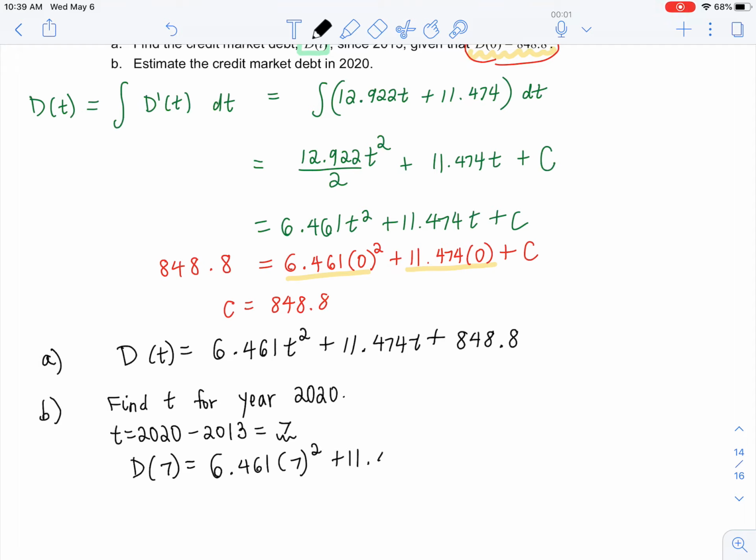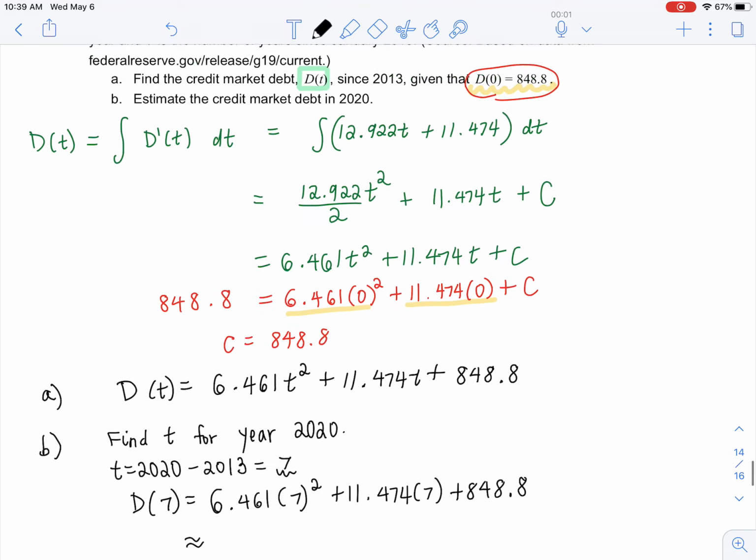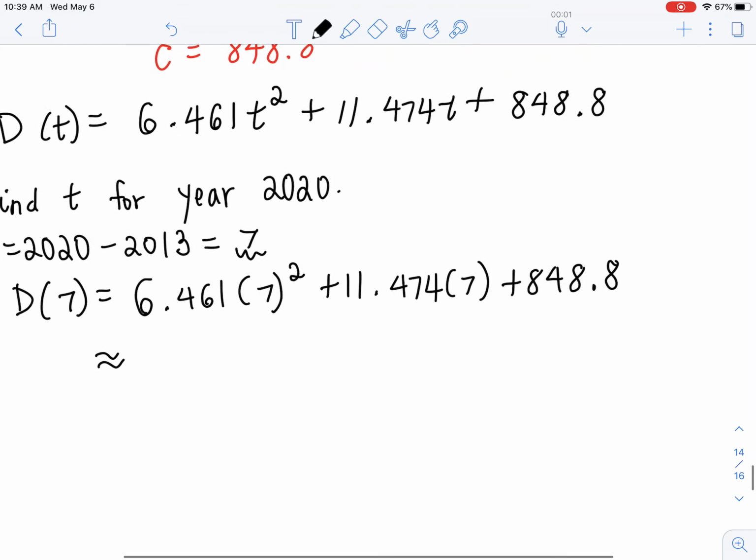6.461 times 7 squared plus 11.474 times 7 plus 848.8. That's going to be approximately, what's that? Let me type this in my calculator on my cell phone. This isn't going to be too complicated, but we'll talk about how to write our answer, because I remember the measure was, so what was the unit?